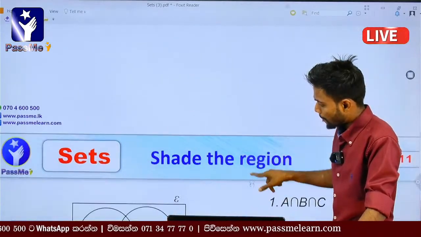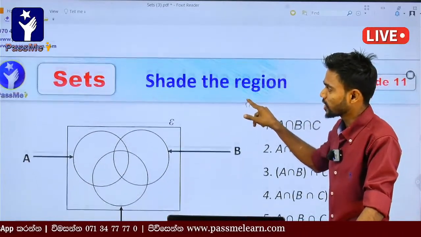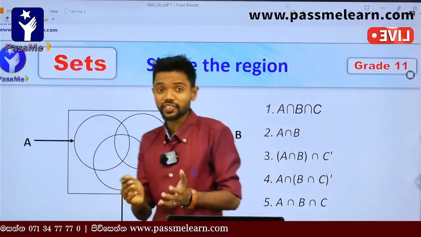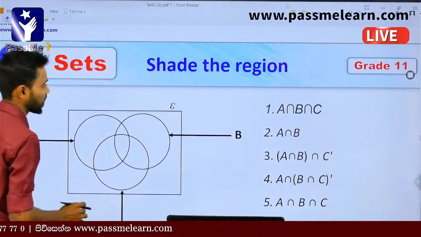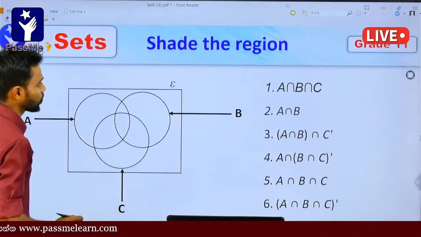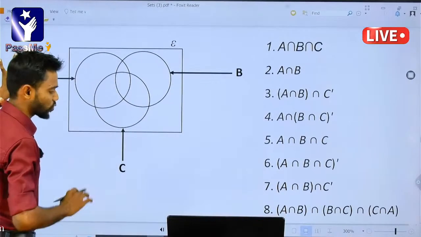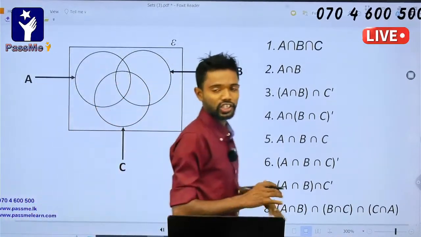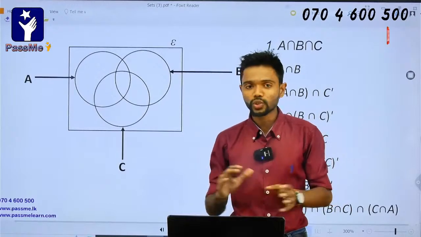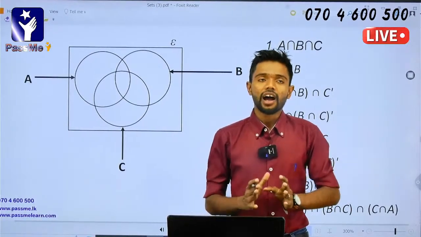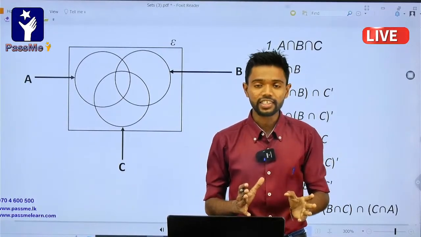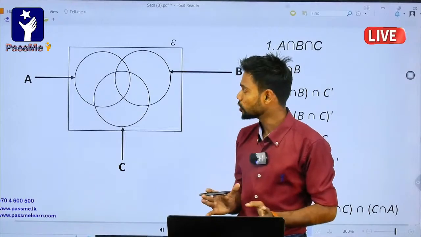Now we need to first look into shading the region where there are 3 circles. Now we will do this one to understand things very clearly. This is the question I am taking to understand the process that we are going to apply.